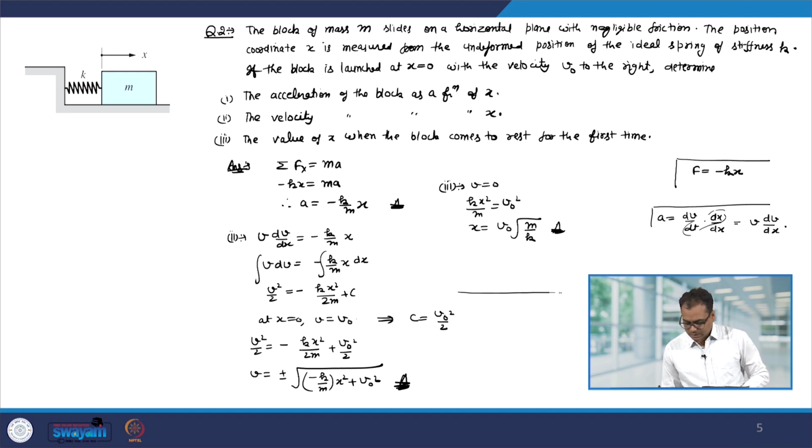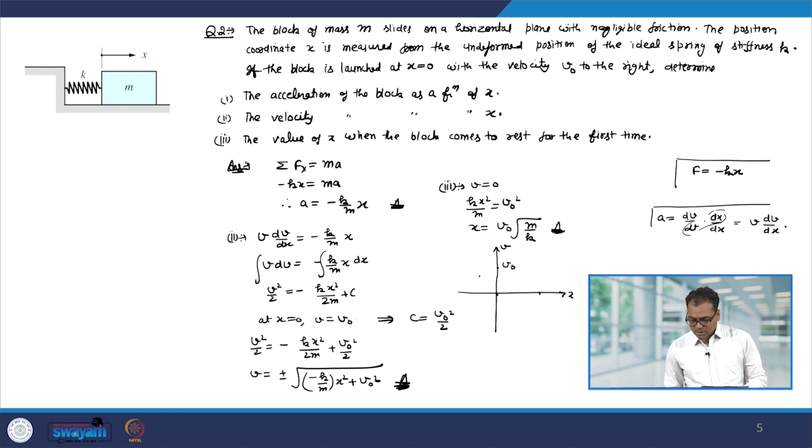So, on the x axis, let us say I have x, and on the y axis I have v. At x equal to 0, its velocity is maxima, it is v naught given in the question, and at x equal to v naught square root m by k, its velocity is 0.